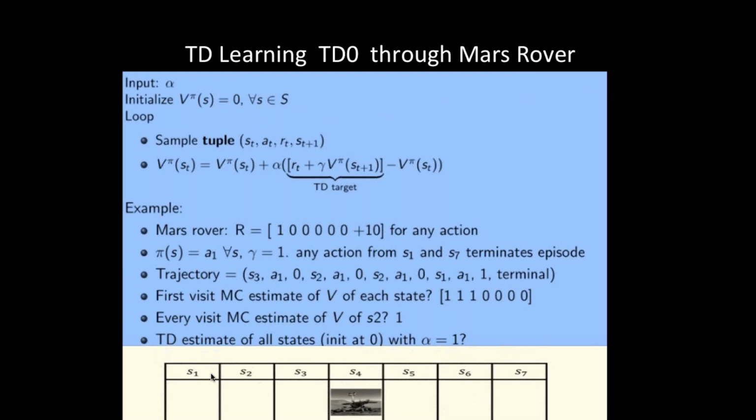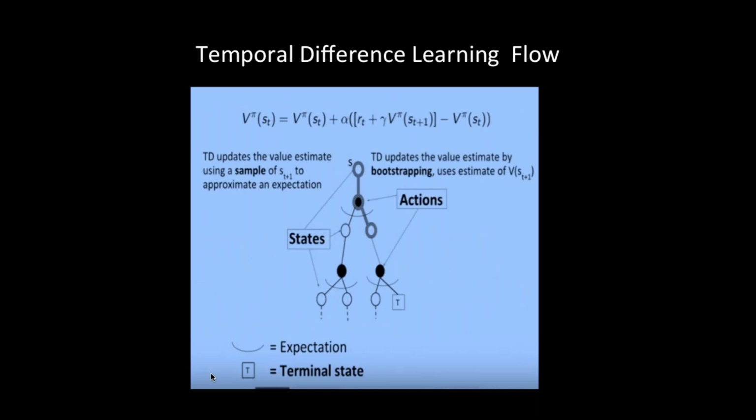The first-visit MC and every-visit MC of this is this. And if you look at it in terms of the functionality and the states, then this is the action. It is only one step, and then it reaches here. It does not wait for anything else. There are no other options. There's only one step that it takes.